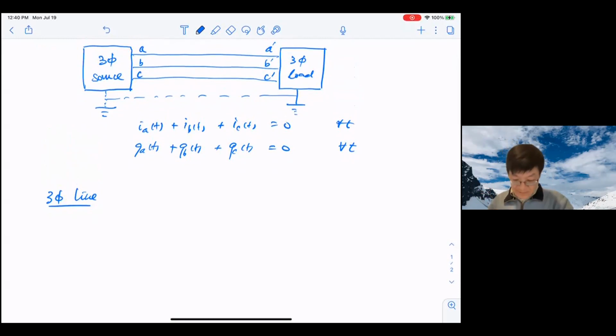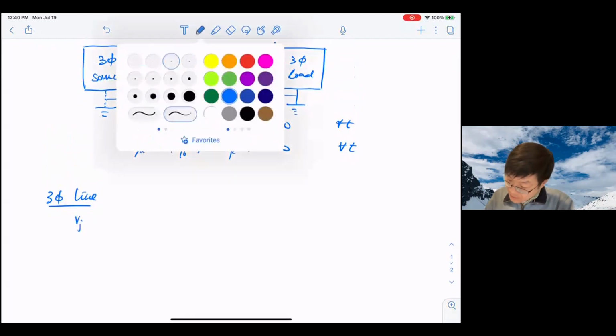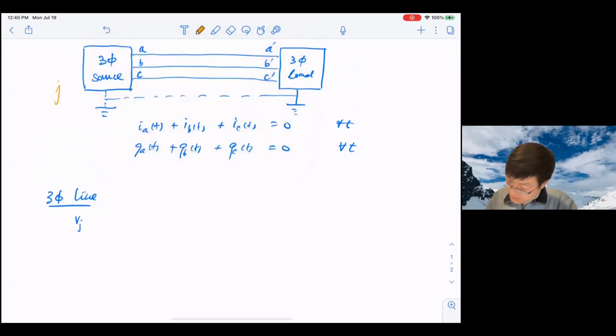Right? That's Ohm's law. And in this three-phase setting, it looks something like this. Let's say this is node J, this is node K, right? Bus J and bus K, and there's a source or load at each node.